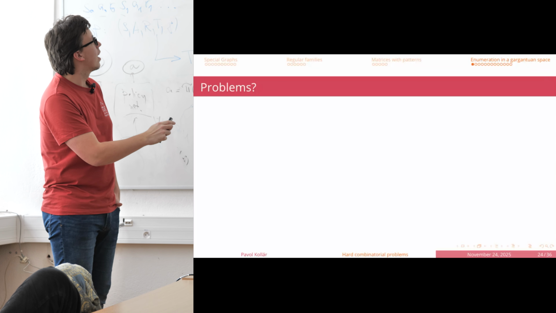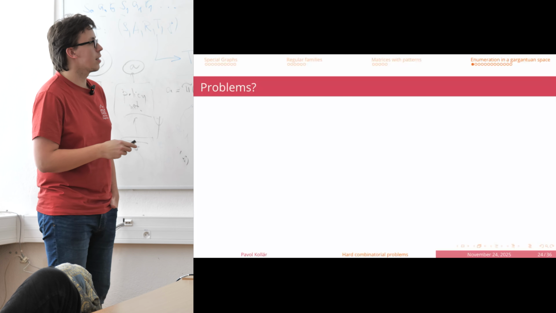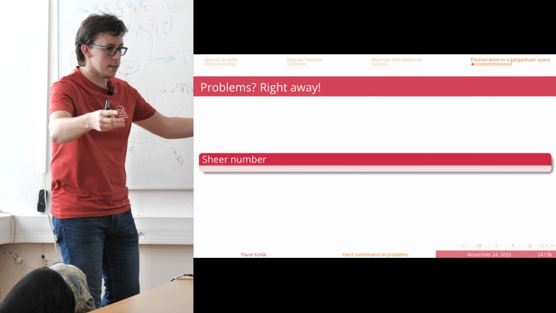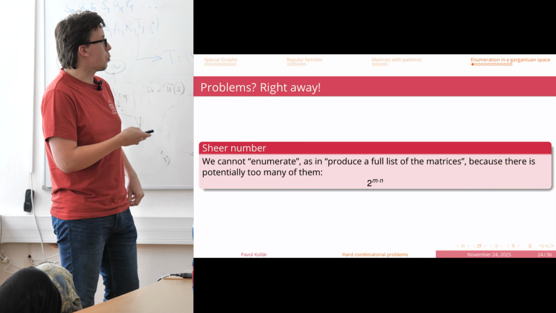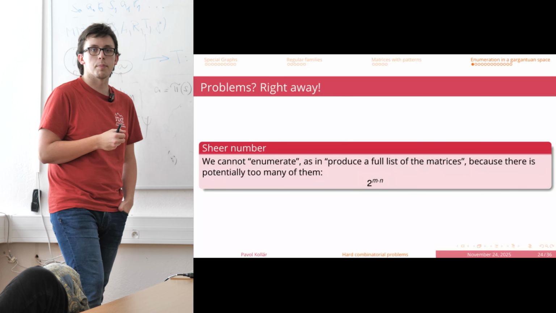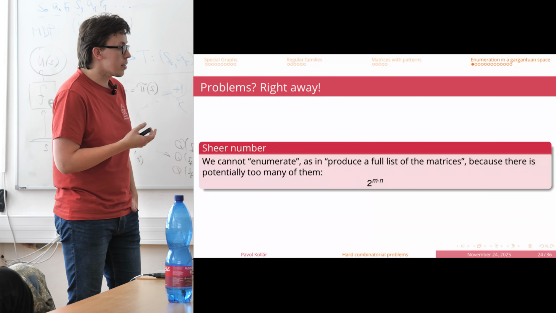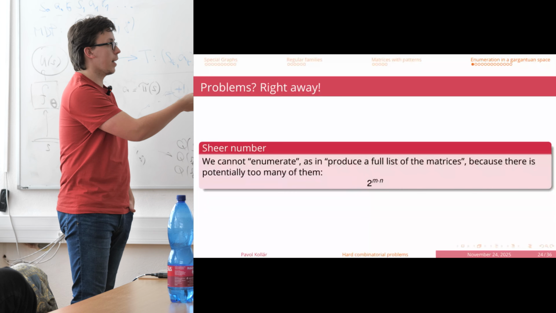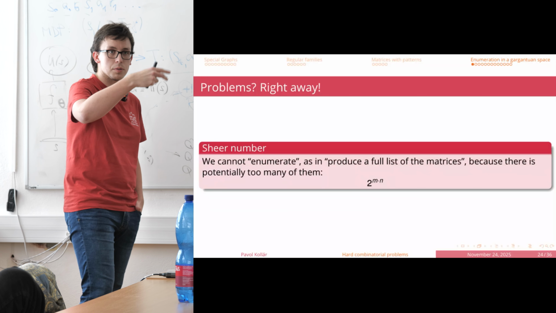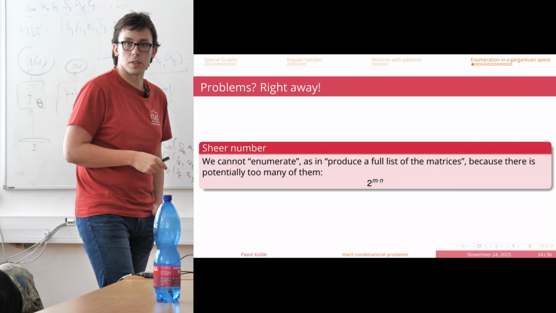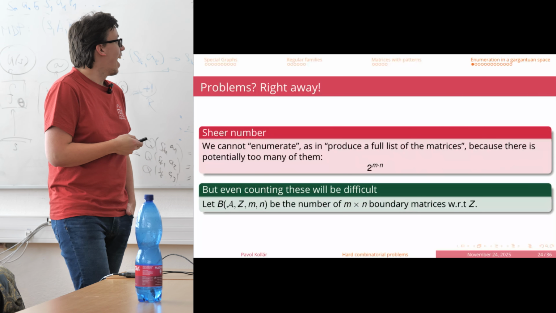Right. So the problems from trying to enumerate these start right away because of the sheer number of matrices. To produce a full list of matrices, we potentially need to enumerate exponentially many of them, which is a very big no-no. We cannot fit that anywhere as soon as the m's and n's start getting into tens, and by the time you reach 100, you run out of the universe completely.